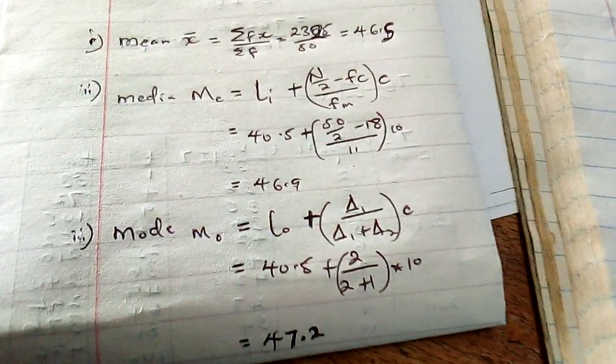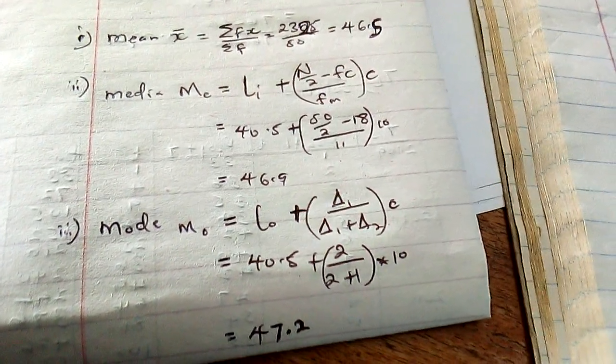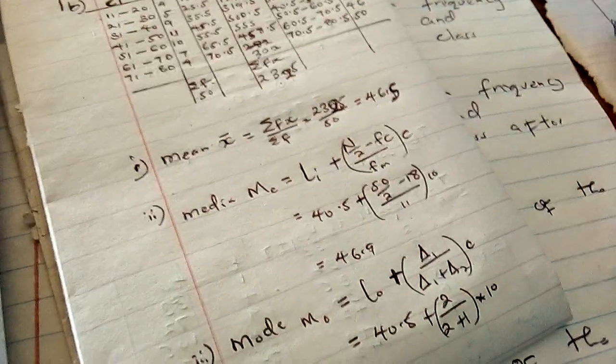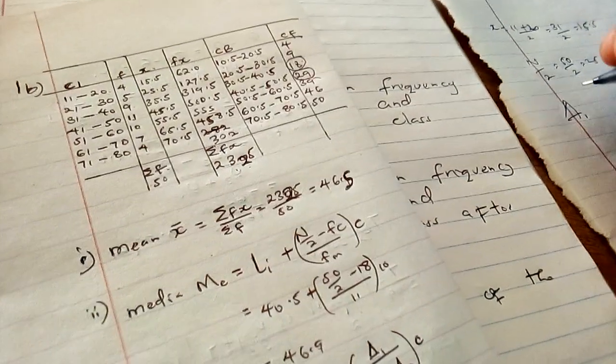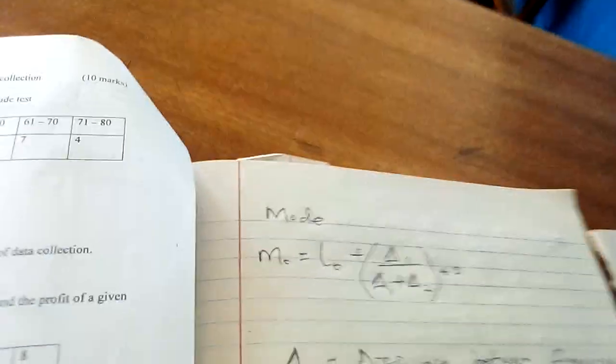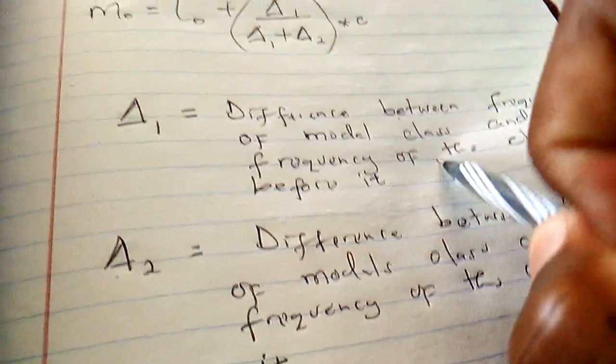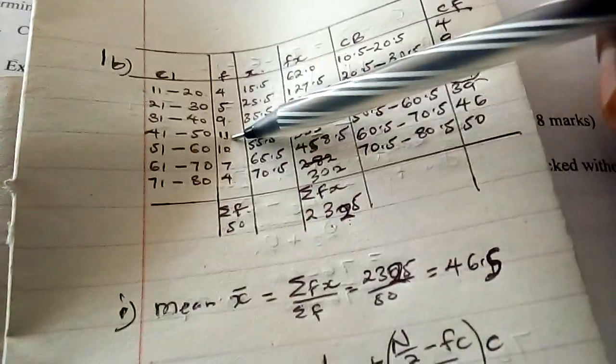So another elaboration, you get it at this point for the mode. So when you talk about delta 1, you're talking about the difference between the frequency of the modal class and the frequency of the class before it. The modal class is which appears at the highest number, which is 11.